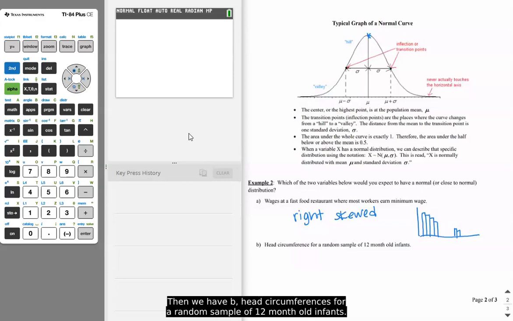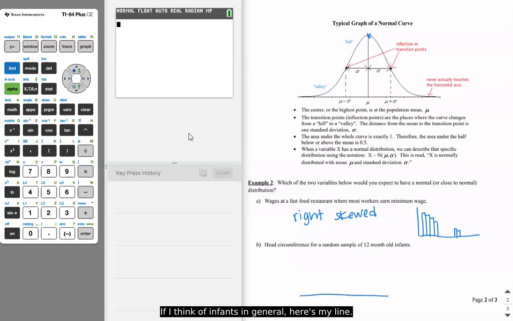Then we have B, head circumferences for a random sample of 12-month-old infants. If I think of infants in general, here's my line. It actually follows a normal distribution for head circumference. You're going to see that the majority of these 12-month-old infants are going to have this head circumference. I don't know what it is, but whatever it is.